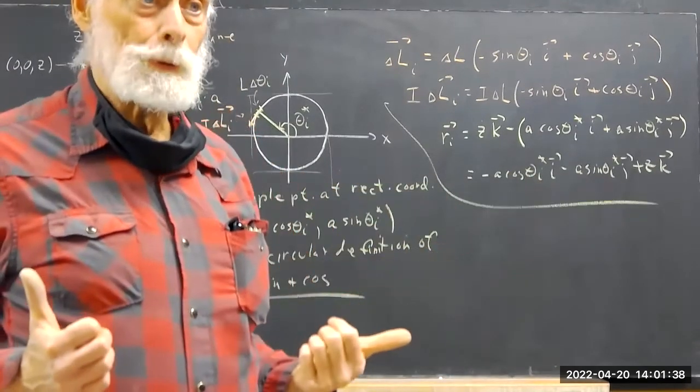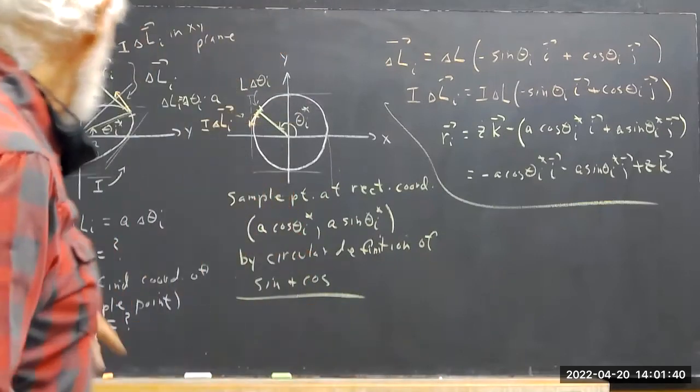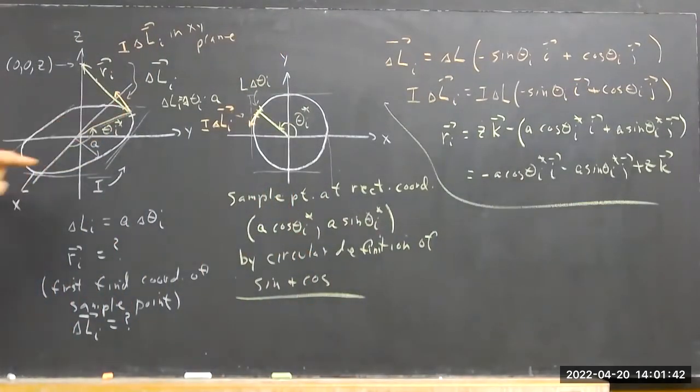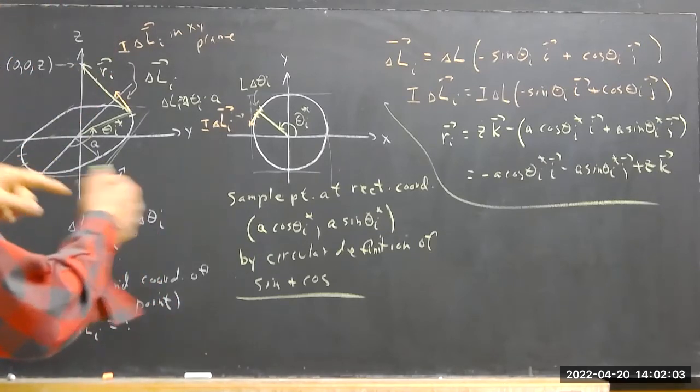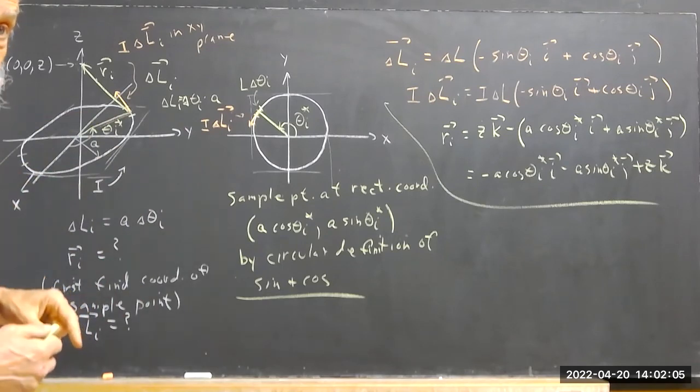And by symmetry, the component you get from this is going to have the same z component as what you would get from a segment on the opposite side of the origin, to reflect this segment through the origin. Then your B vector is going to have the same z component. It's going to have the opposite component in the xy plane.